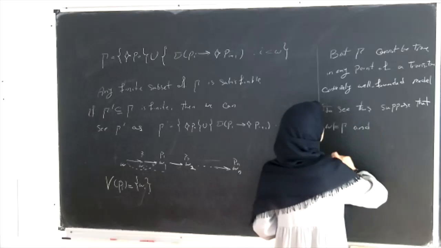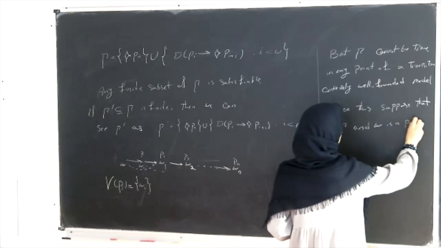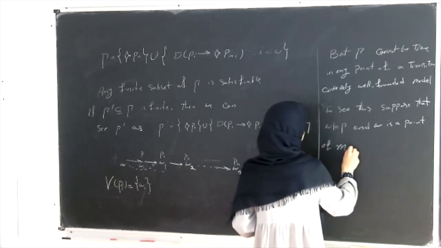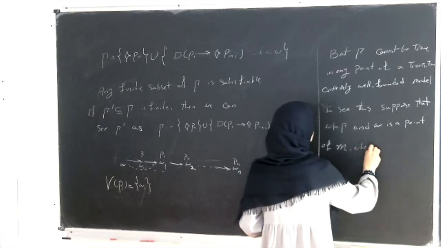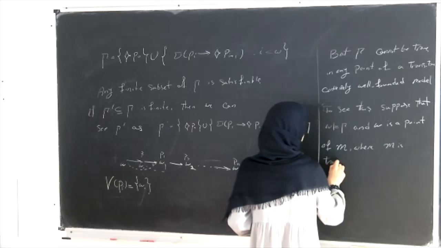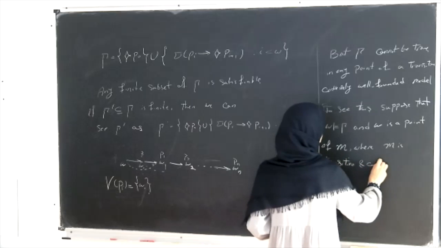And W is a point of M where M is transitive and conversely well-founded.